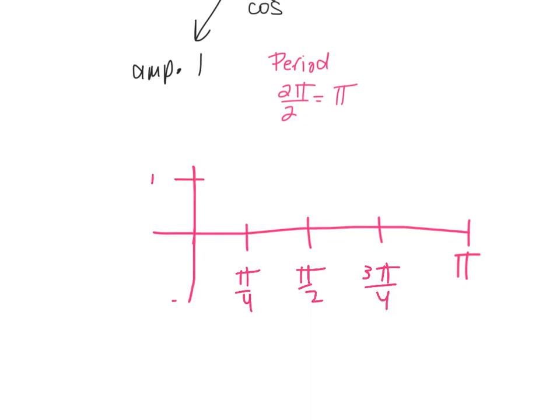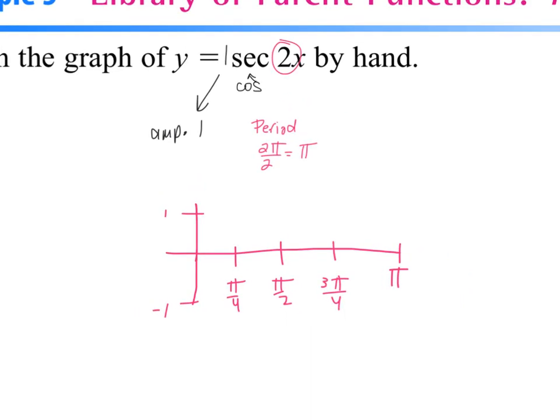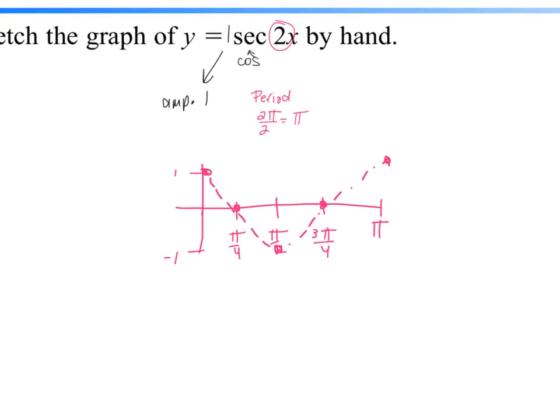My amplitude is 1 and negative 1. Where do I start cosine? At the amplitude, so it's going to be here, here, here, here, here. I'm going to draw my dotted line, or curve, I should say, I'm sorry. Now, how do I figure out where to split my graph up to flip? Where it hits the x-axis, good.